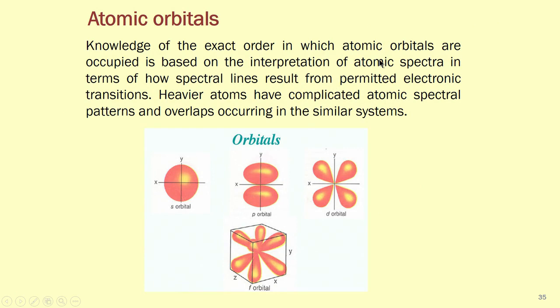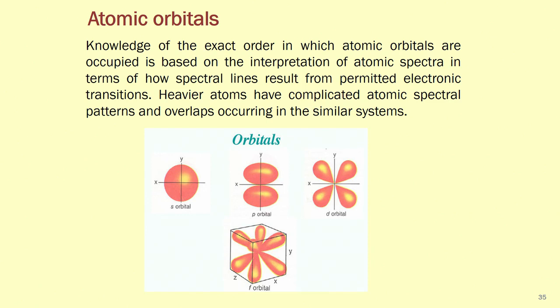Knowledge of the exact order in which the atomic orbitals are occupied is based on the interpretation of actual atomic spectra only, in terms of how the spectral lines result from the permitted electronic transitions. When I say permitted electronic transition, it means that not all transitions are visible or permitted. Some transitions are forbidden according to quantum mechanical rules, and some transitions are quite possible.